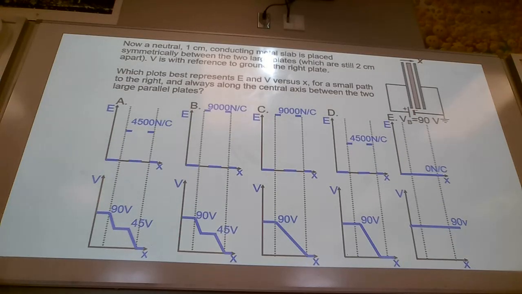Okay. So now we stick a metal slab in between the two plates.